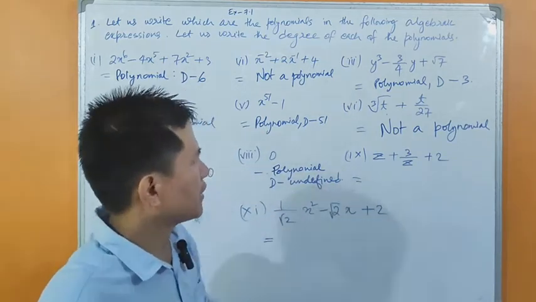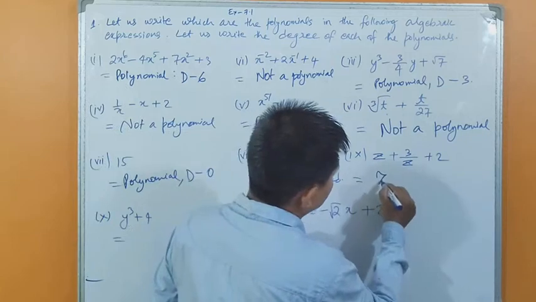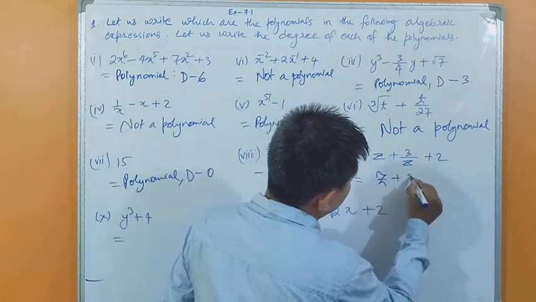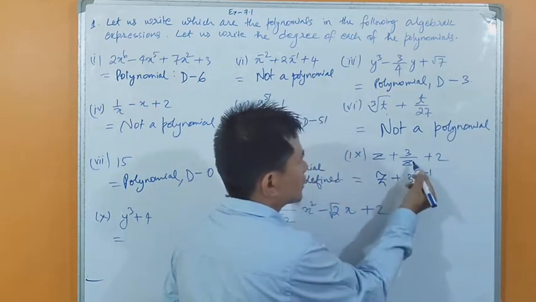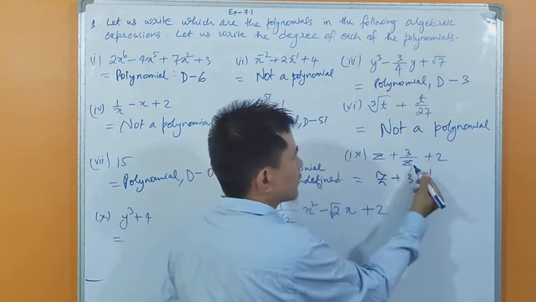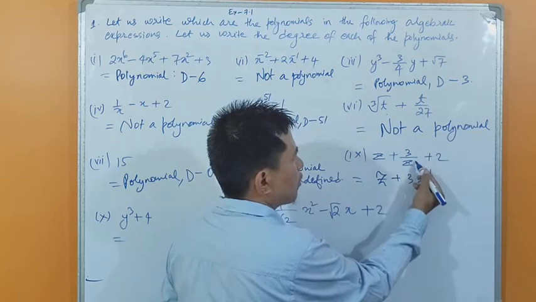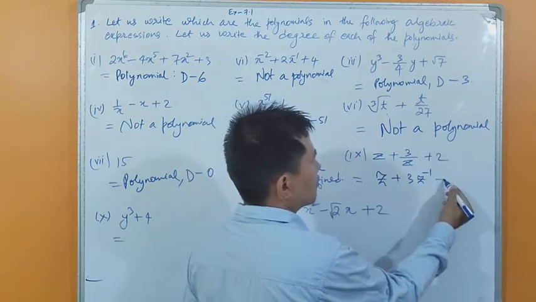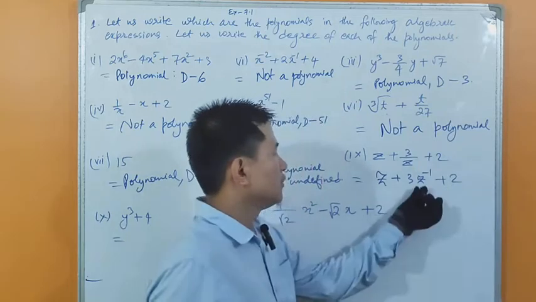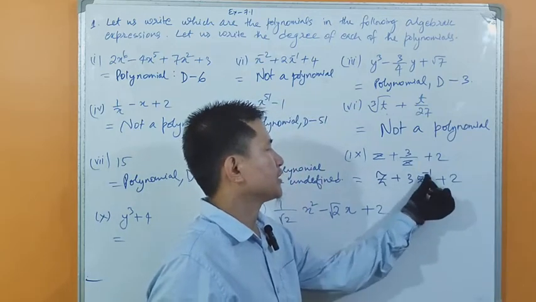Z in question number 9. Z plus 3 z to the power minus 1, isn't it? If you take this z to the numerator, plus 1 in the denominator becomes minus 1 plus 2. Okay. Now the power of the variable z is minus 1 here.